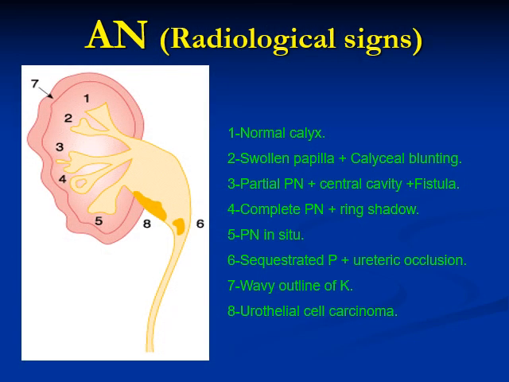These are the radiological signs of analgesic nephropathy. There is a wavy outline of the kidney. 1. There is a normal calyx. Here in 3, there is partial papillary necrosis with a central cavity and a fistula. In 4, there is complete papillary necrosis with a ring shadow.